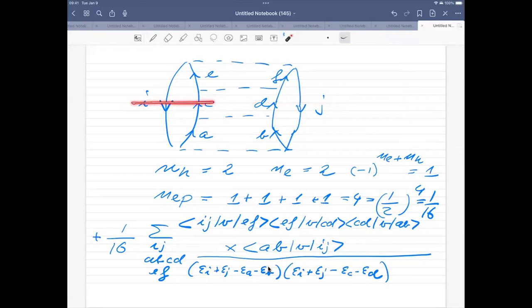So this is again a two-particle, two-hole excitation, and the final one is also a two-particle, two-hole excitation. So let me just put a multiplication sign here and do that one here. So that gives me an epsilon I plus epsilon J minus epsilon E minus epsilon F. And that is our final diagram here.